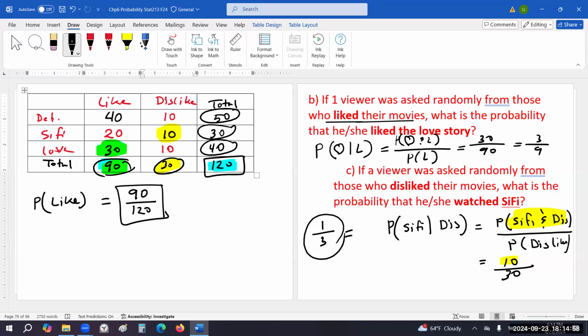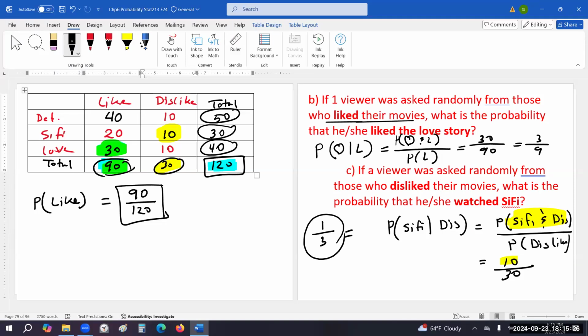Because from 120, there are 30 people who disliked movies. So from these 30 people, what is the probability that he watched sci-fi? So you see our sample size is 30 now. That means our denominator is 30. In this 30, how many watch sci-fi?